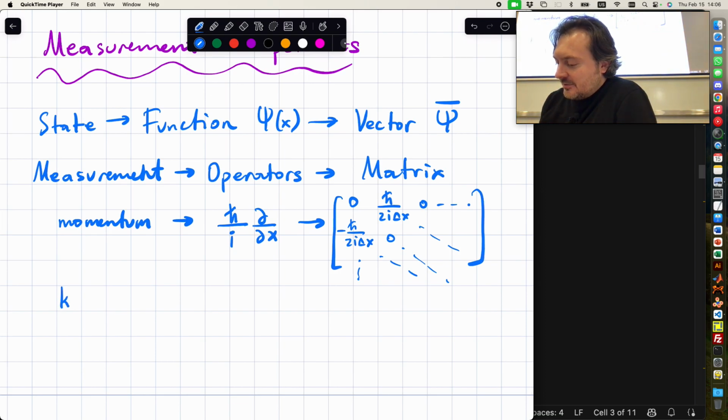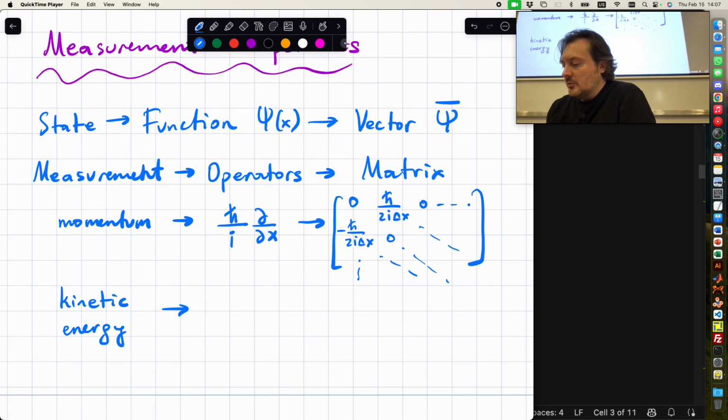Let me give you another famous, important measurement. Let's say you want to measure the kinetic energy of the system. What is the corresponding operator? Now, what is momentum? It's P, right? What is kinetic energy? P squared over 2m.